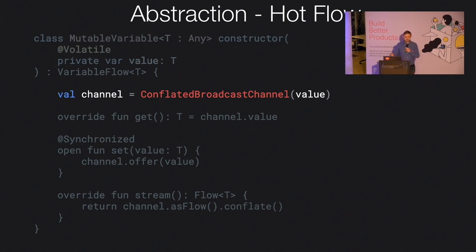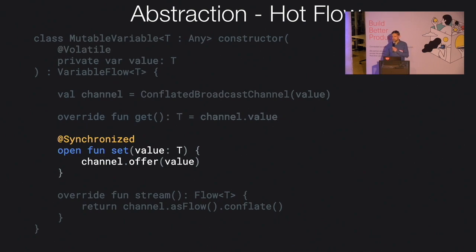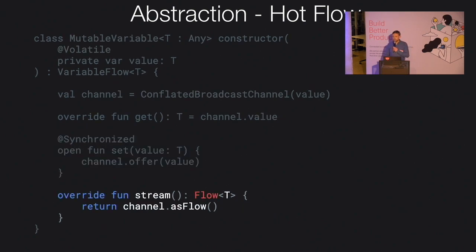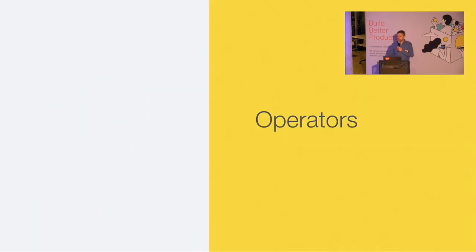Anytime you emit, it overwrites the latest value, and next time someone reads it, they just get the latest value. We're getting the value straight from the channel. To emit into the channel, you call offer. And when you want to use it as a flow, you call asFlow on the channel. So this is a very useful abstraction.